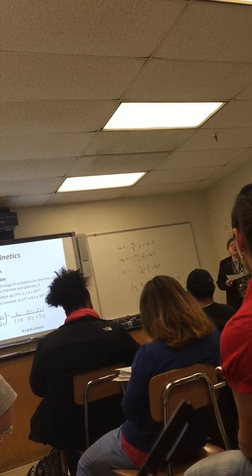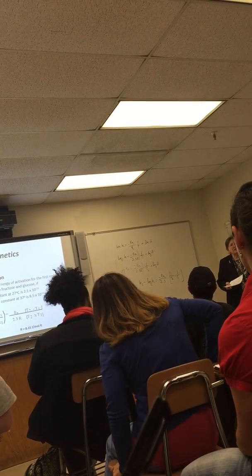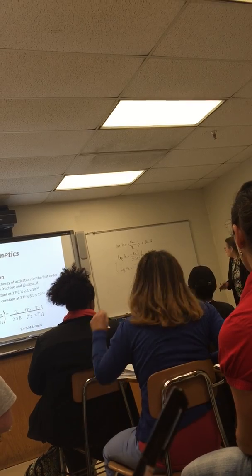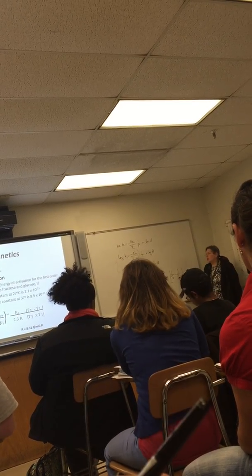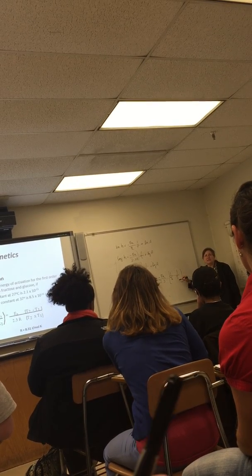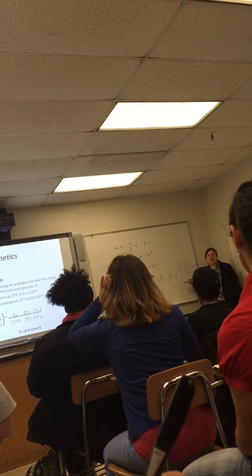So now what you need to do is to put it together in a format that is a little bit easier to work with. And one of the things that you should probably do is to get a common denominator for this nonsense. What's a common denominator for 1 over T2 and 1 over T1? Common denominator would be T2 times T1, and then multiply through, and then you can get the factor.